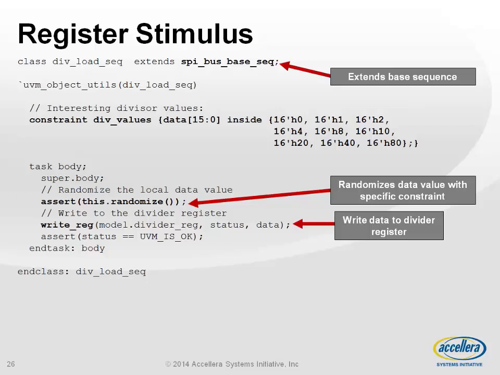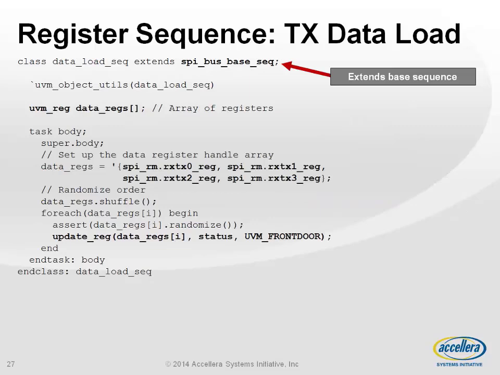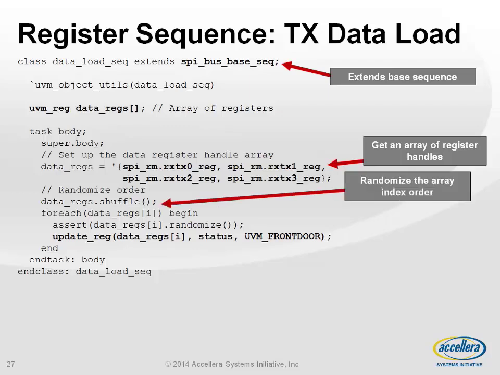We may also decide we want to do some looking, so we're going to further extend that to a different data sequence now. So in here we have an array of data registers, and those are going to be set to these specific registers from our register model. So reg 0, 1, 2, and 3. Then we can shuffle the order of that array. This is going to make sure that we don't have any data dependencies as we update these register values, right?